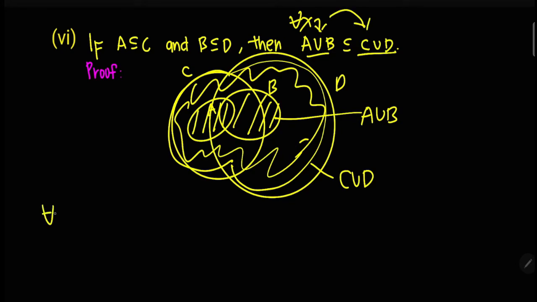So for all x, what do we mean by x is an element of A union B?